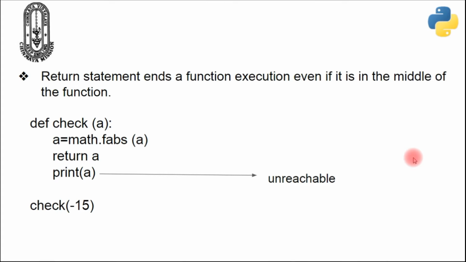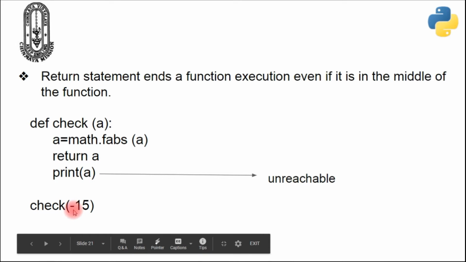A return statement ends a function's execution even if it is in the middle of the function. Let us understand this with the help of an example. Here the function is defined, namely check, with parameter a, and we have statements in the function body, and the function call is made here.